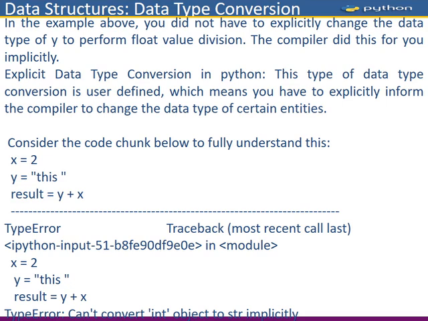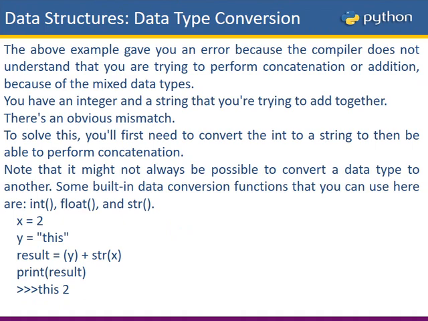Our s is an int, so the TypeError is: can't convert this int object to str implicitly. The above example gave us an error because the compiler does not understand that we are trying to perform concatenation or addition.